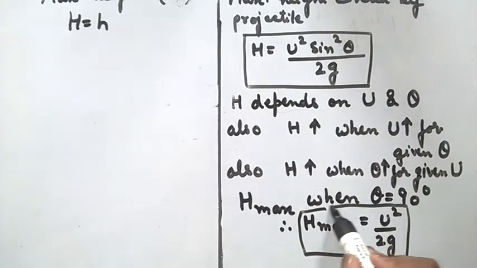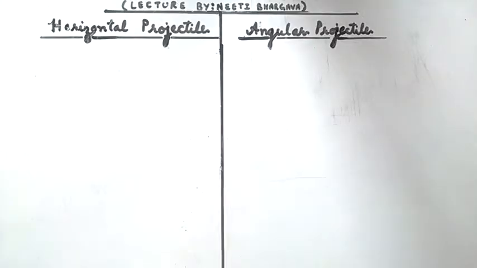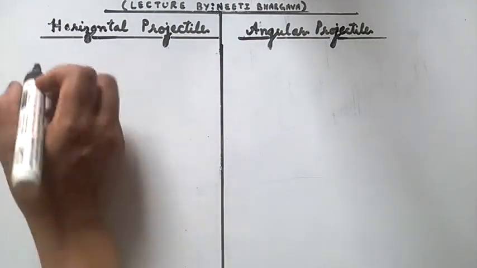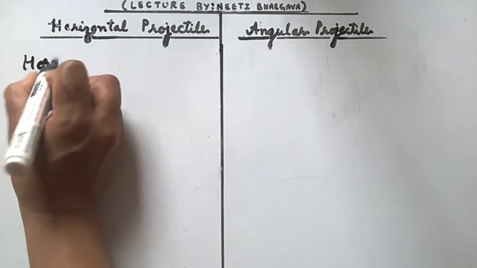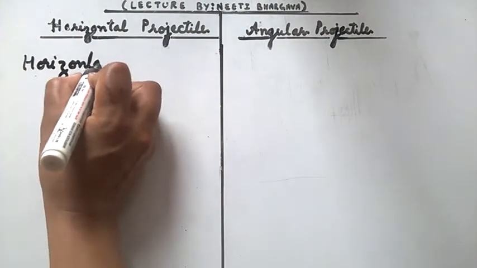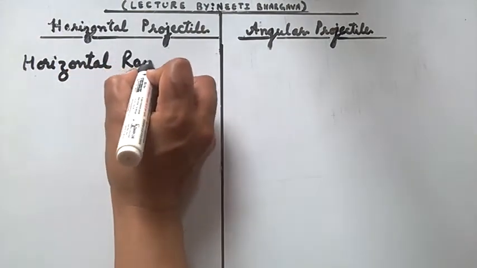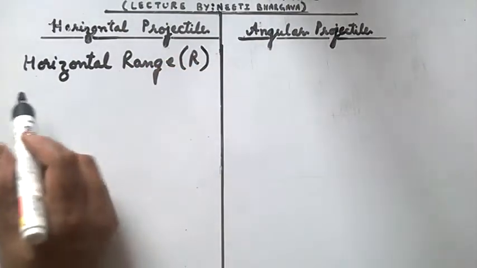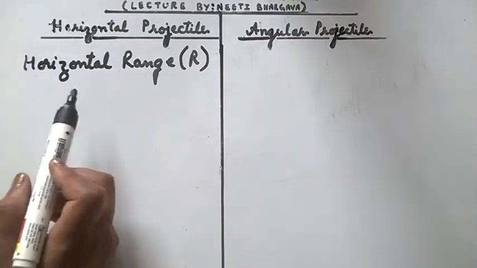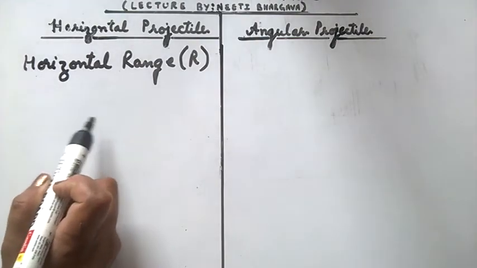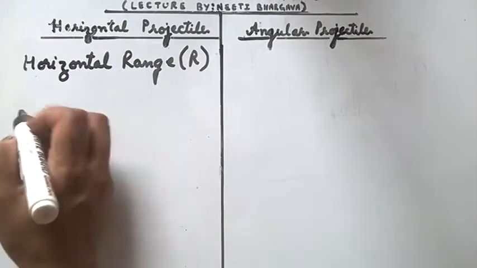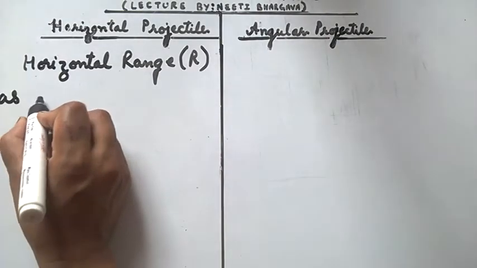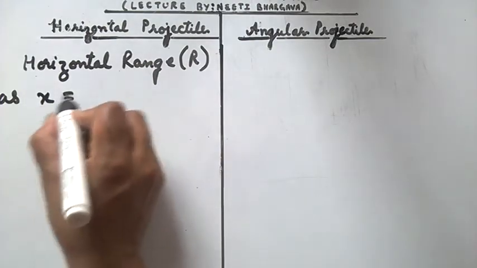Now let's calculate horizontal range of a horizontal projectile. Horizontal range is given by capital R and it is equal to the total horizontal displacement covered by a projectile. As we know, horizontal displacement equation is x equivalent to uxt plus half axt square.